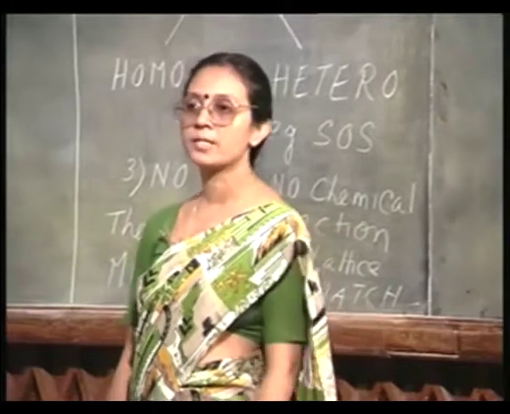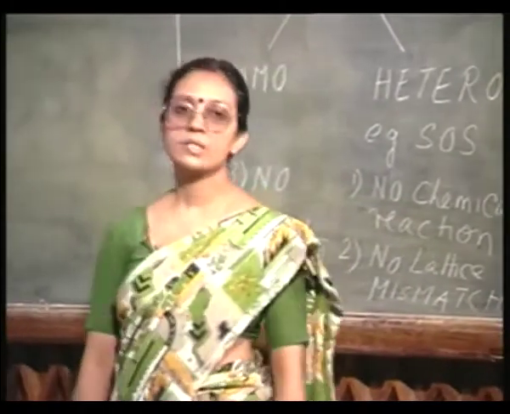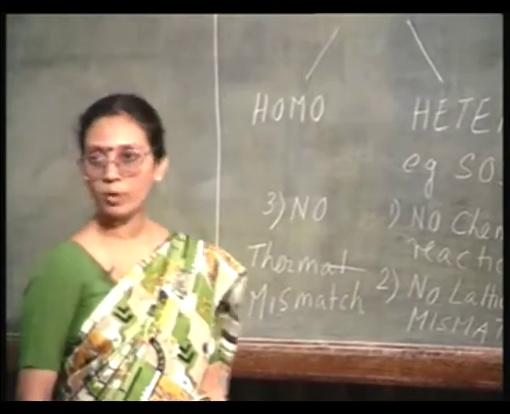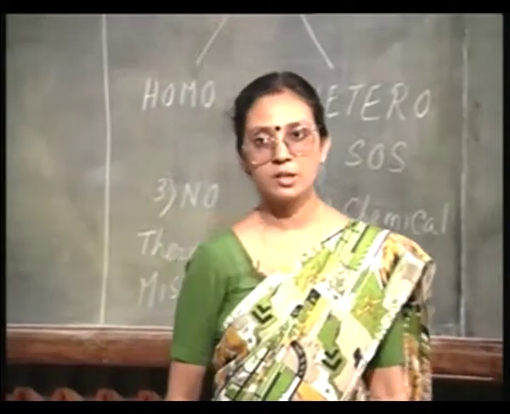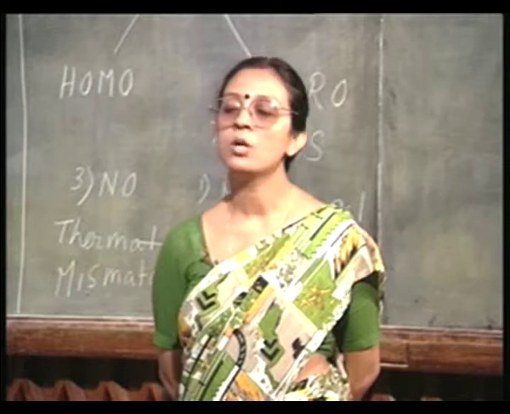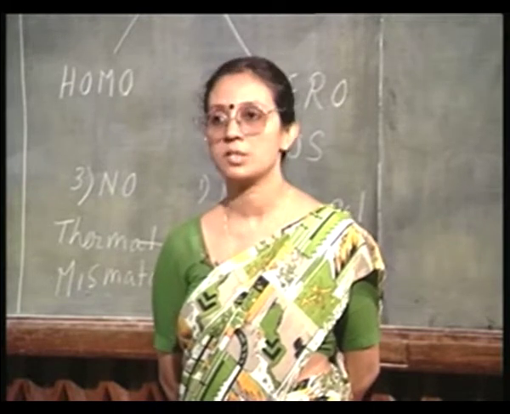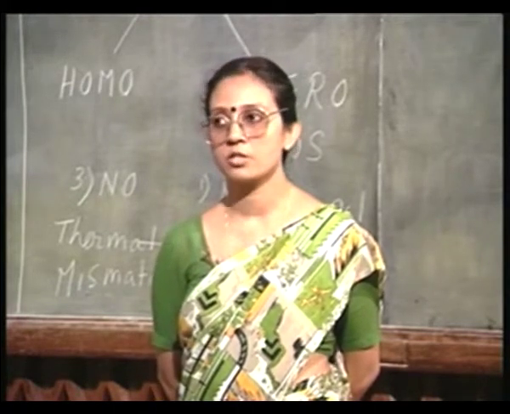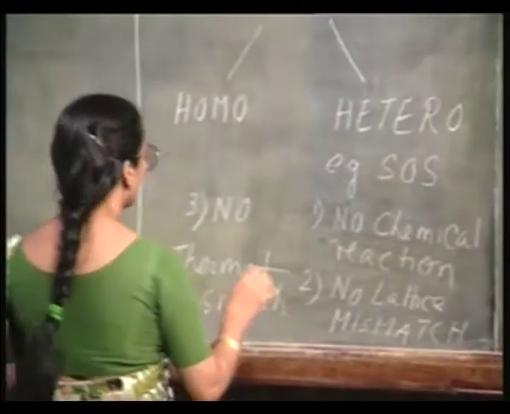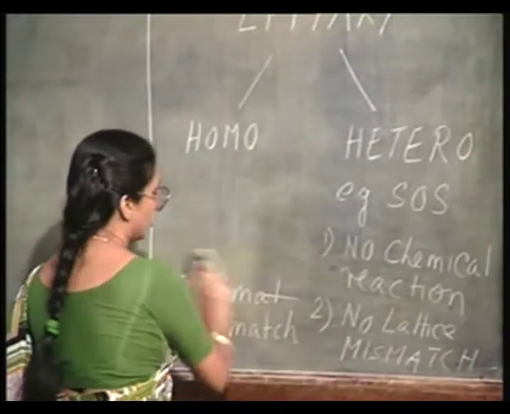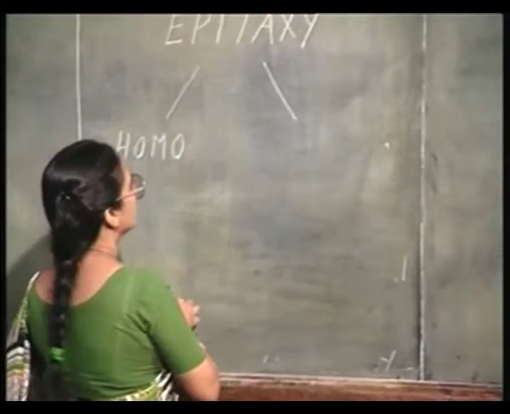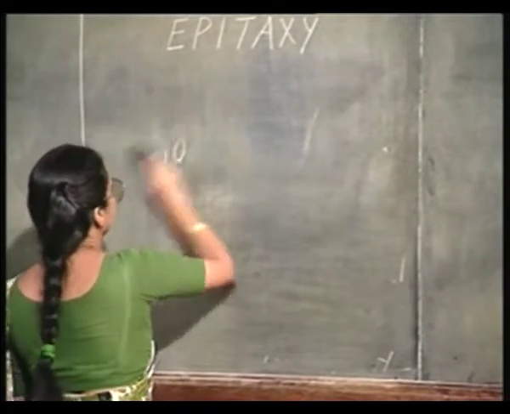Now, as far as our present discussion is concerned, we shall talk mostly about homoepitaxy, that is growth of silicon on silicon. For the VLSI technology, we want to have mostly silicon on silicon. The different doping concentration, yes, but the material remains the same. Before I start the discussion of silicon epitaxy in particular, let me talk in general about epitaxy.